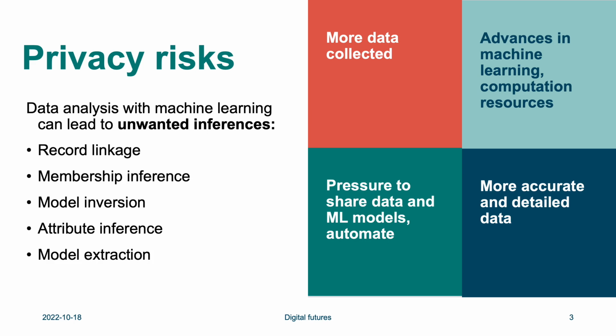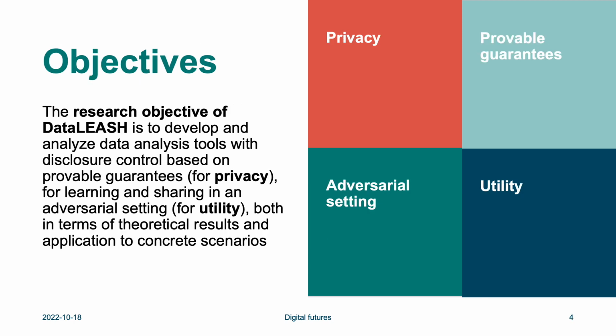So even if one does not share the data itself, machine learning models may lead to other kinds of unwanted inferences, such as whether an individual's data was included in the training dataset. And if one knows what the dataset is about, one can infer that the individual also has the property associated with the database.